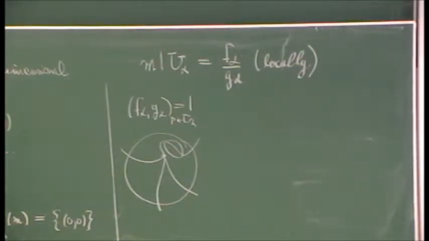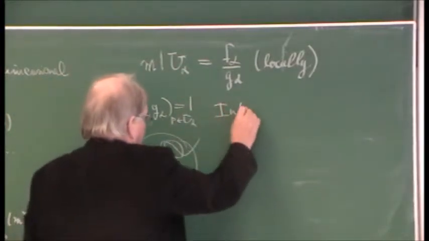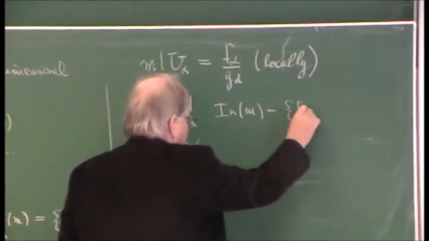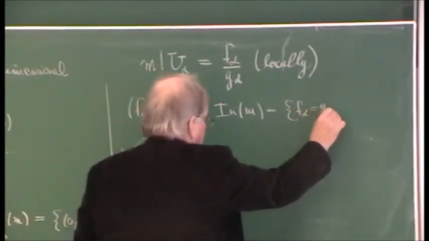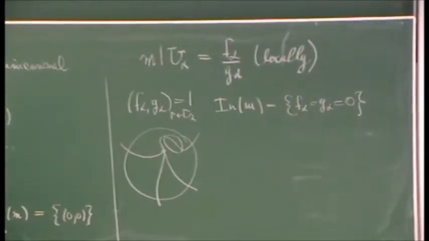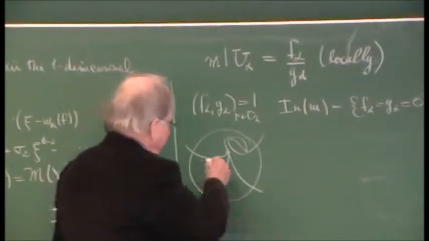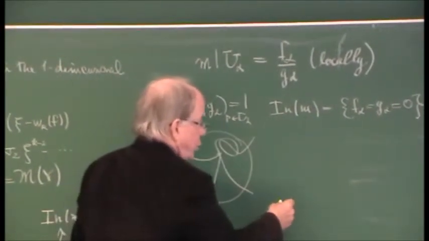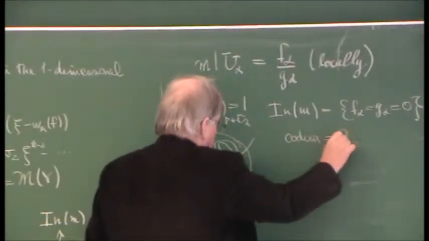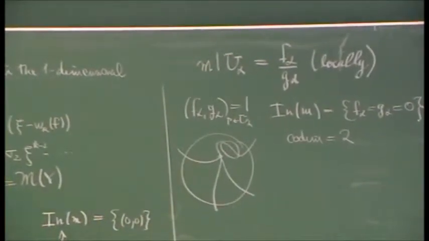And then the indeterminacy set will be locally well defined, and globally well defined, and it's locally just where both are zero. That's a non-trivial condition because there's no overlapping of the one-dimensional components in dimension 2. So this is a codimension 2 space. In this case, it's just isolated points.